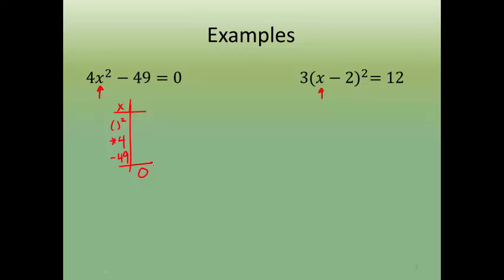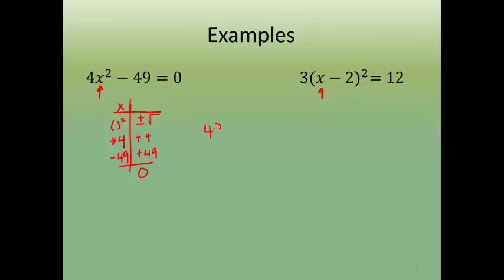So working back up, we would have to add 49, divide by 4, and then in order to solve this squared problem, we would have to square root. And when you square root, you get positive and negative. So I'm going to write that in the table so it reminds me that I'm going to get two different answers.